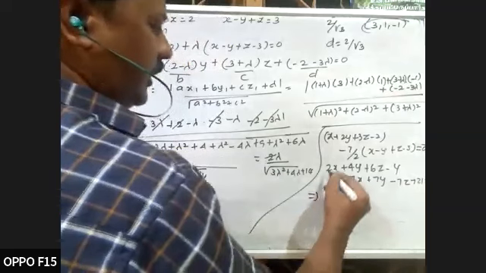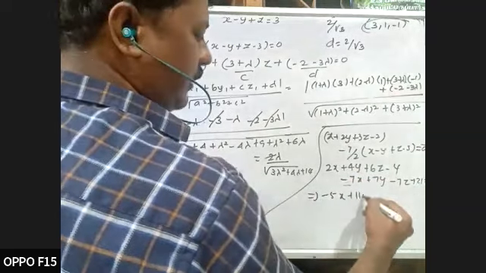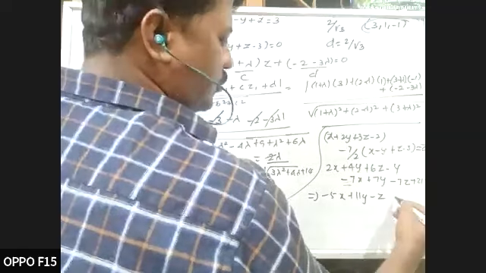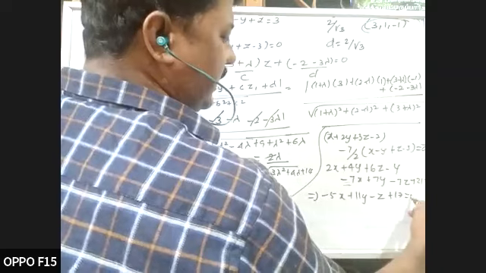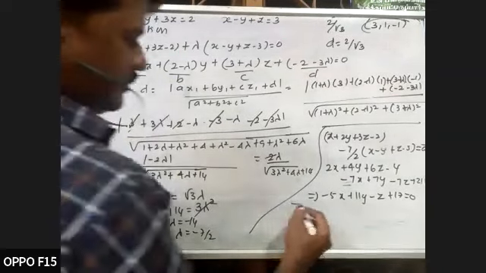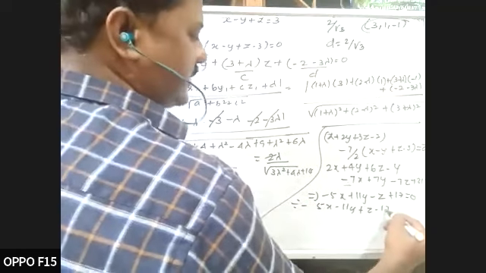Now arrange in order. We'll get minus 5x, 4y plus 7y is 11y, 6z minus 7z is minus z, minus 4 plus 21 is plus 17, equal to 0. Dividing throughout by minus, we get 5x minus 11y plus z minus 17 equal to 0.